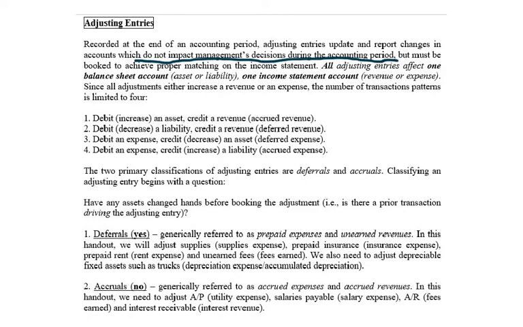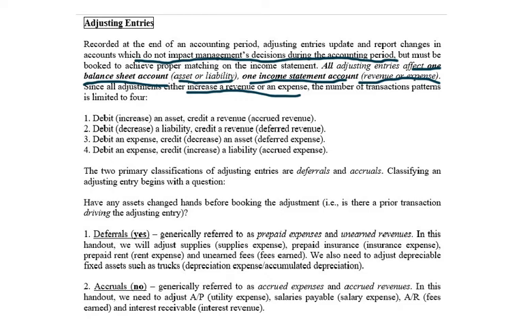All right, your adjusting entries are very simple. Each will affect at least one balance sheet account, which in this case we simplify to asset or liability. We don't care about owner's equity accounts. And one income statement account, which simplifies to revenue or expense. If you take into account that we're only going to increase a revenue or expense, we're not going to look at any other facet there.